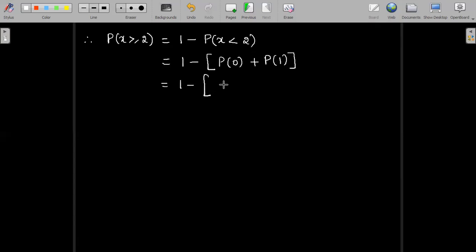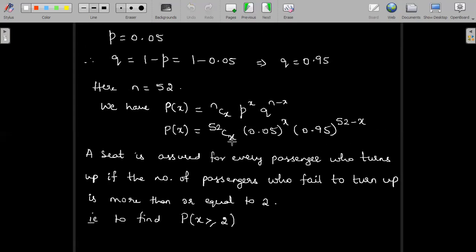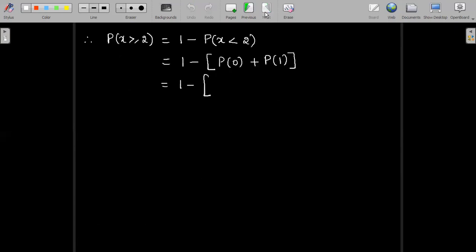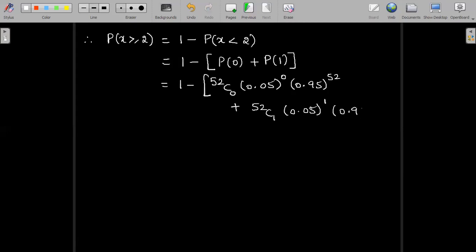So P of 0 will be substituting X equal to 0 in the binomial distribution we wrote. 52C0, X is 0, no? So 52C0 into 0.05 whole power 0 into 0.95 whole power 52 minus 0, plus 52C1 into 0.05 whole power 1 into 0.95 whole power 51.